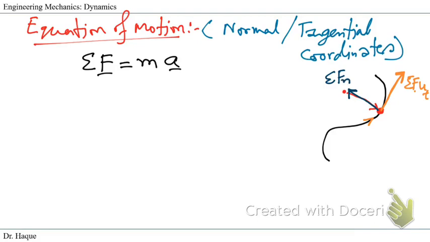So Ft, let me put T, the tangential component of the force multiplied by ut, which is the unit vector in the tangential direction, and the normal component represented by Fn, n for normal, and then un is the unit vector in the normal direction.